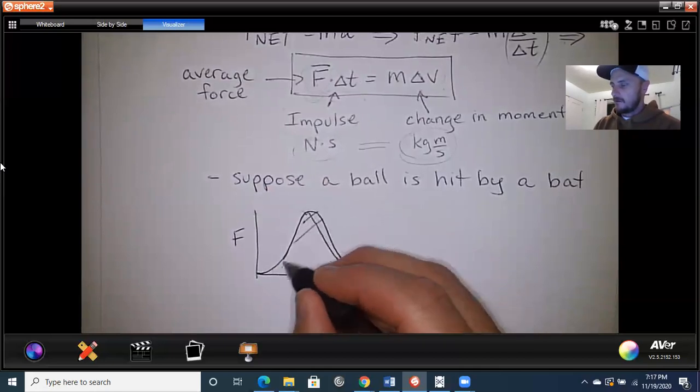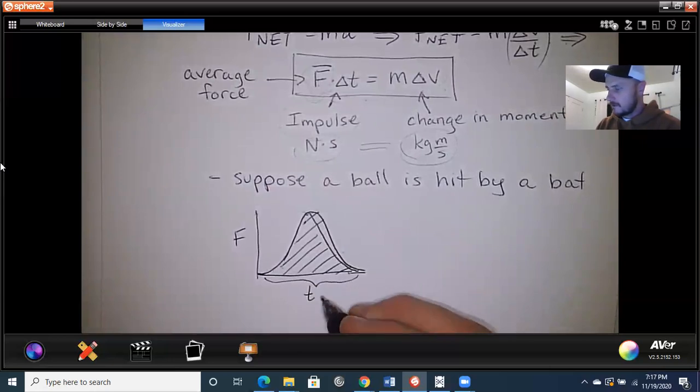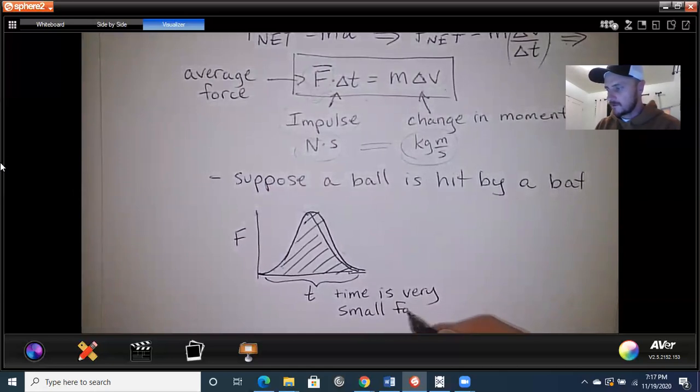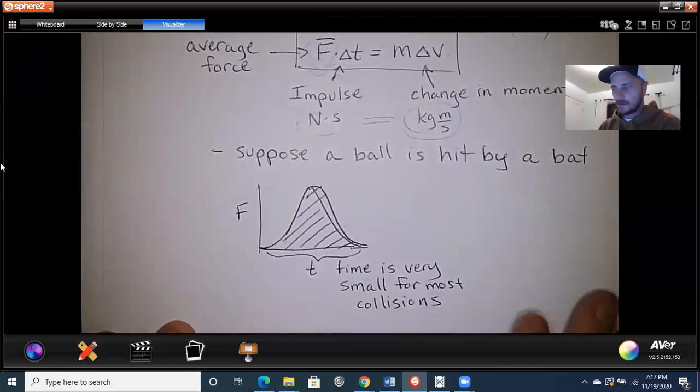Now I'm going to continue with this little picture, and I want to also say here, time is very small for most collisions, right? Something I already said, but we want to write in our notes.